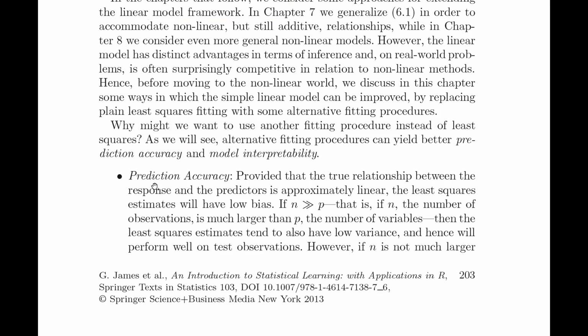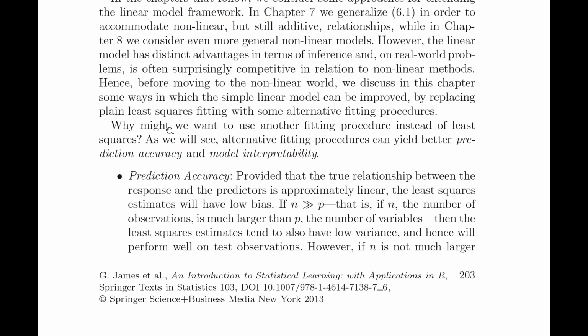And we're going to go into some more detail, prediction accuracy, provided that the true relationship between the response and the predictors is approximately linear, the least squares estimates will have low bias.